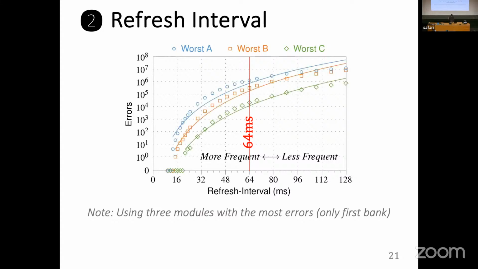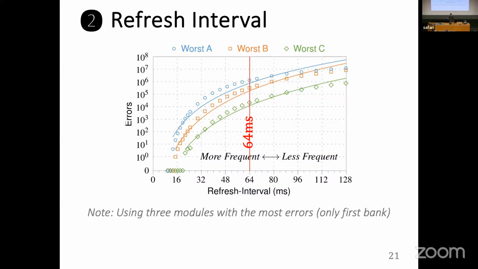So at the nominal refresh window of both DDR3 and DDR4 memory, which is 64 milliseconds, we see a lot of bitflips. And if we keep reducing the refresh interval, we only get rid of this issue if we refresh the rows every 16 milliseconds.